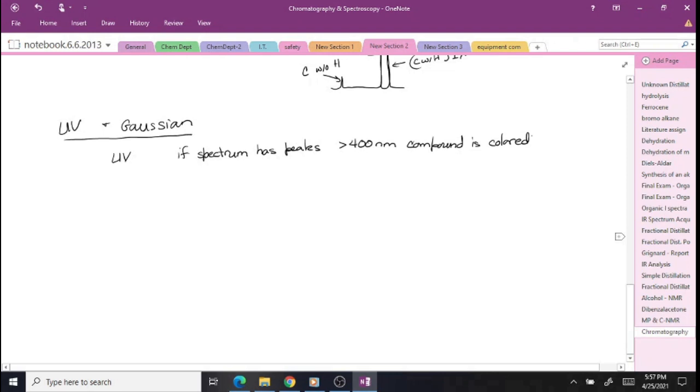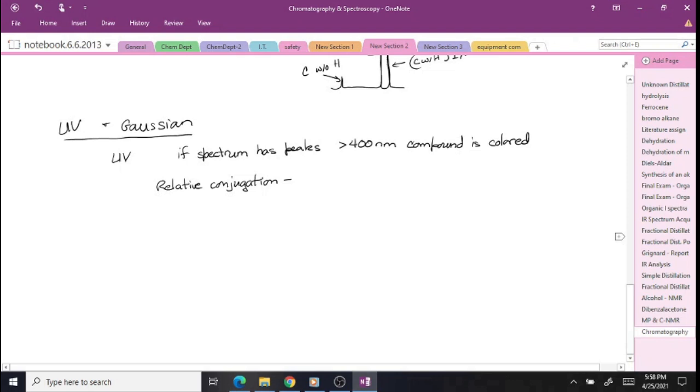Of course, if you pick up a single salt crystal or a single sugar crystal and look at it, you'll find it is colorless. But when you have a whole bunch of them together, because of diffraction, it looks white. Basically, colored compounds absorb at wavelengths greater than 400 nanometers.